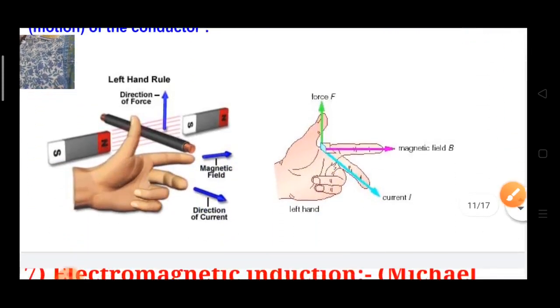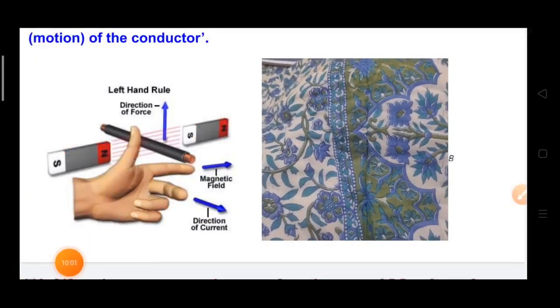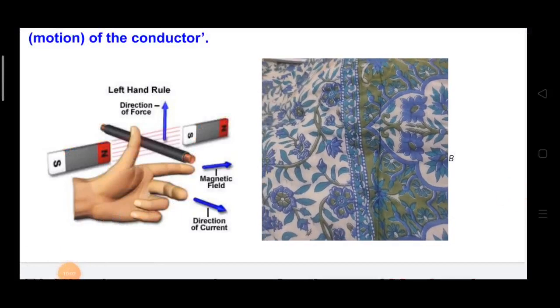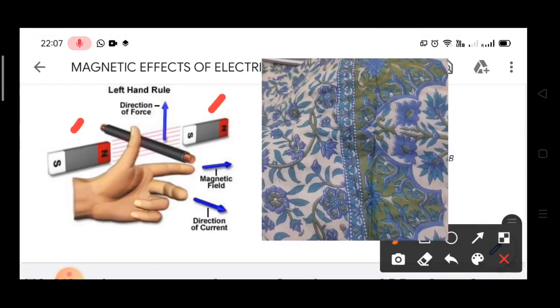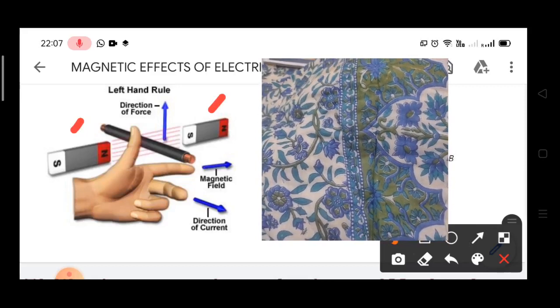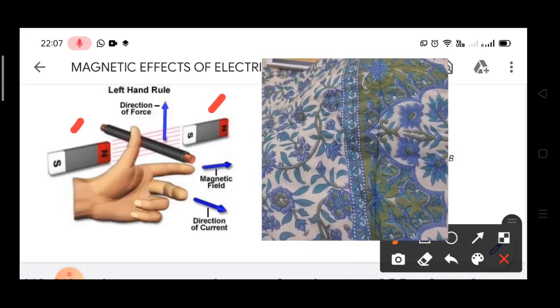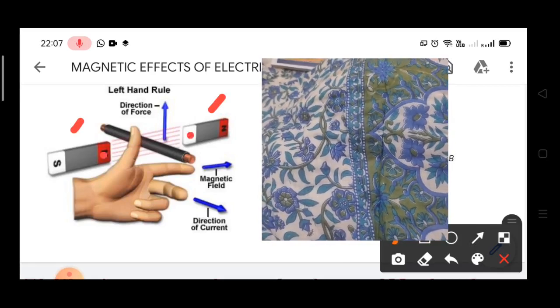Now look at this figure carefully. On the left hand side, you can see there are two magnets, and you know the direction of magnetic field is always from north pole to south pole. So these are the two parts of the same magnet, and this is the north pole, this is the south pole.